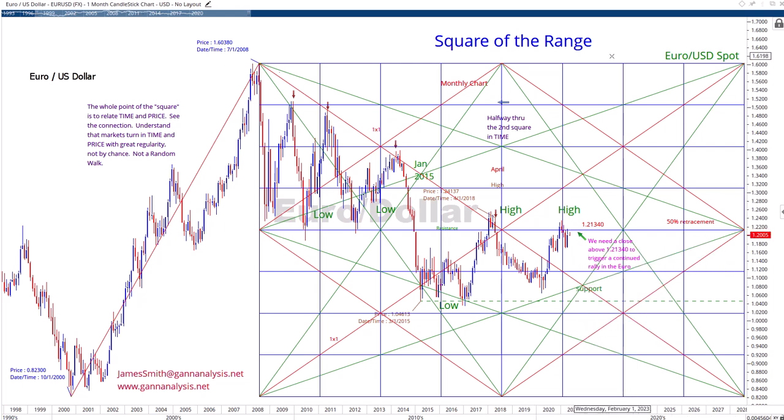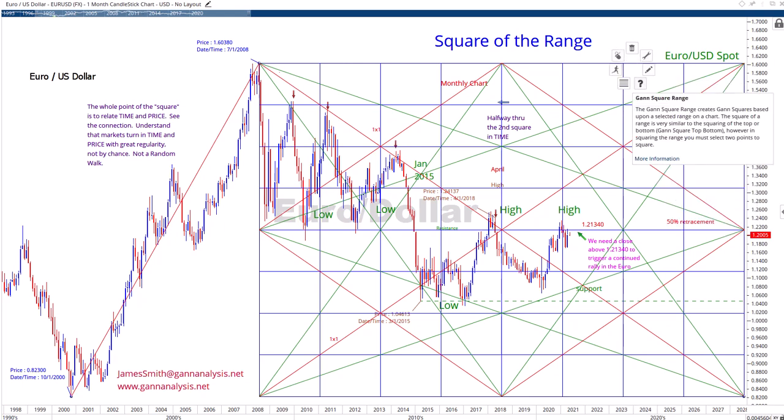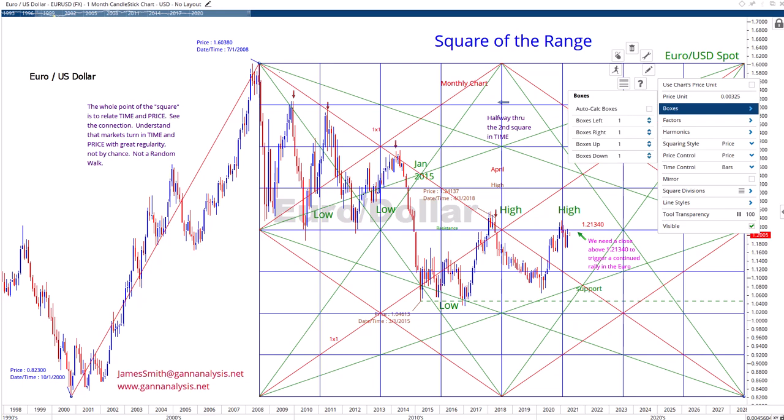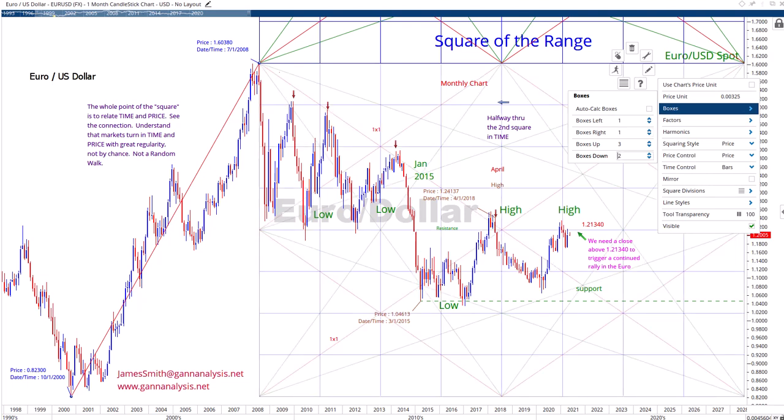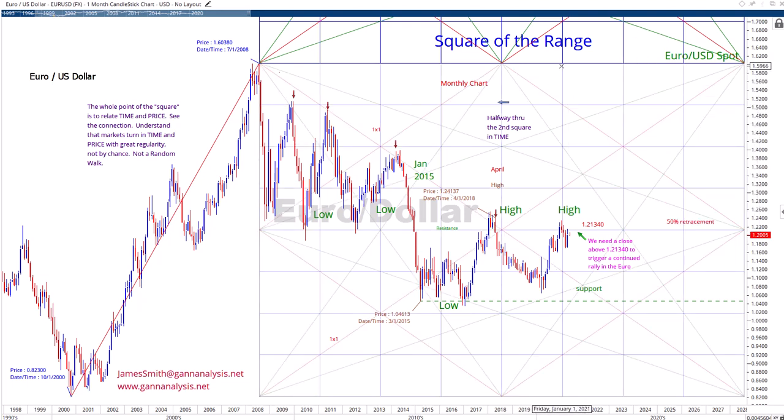Now, if you exceed this square in price terms, all you do is create another division. So you're going up.